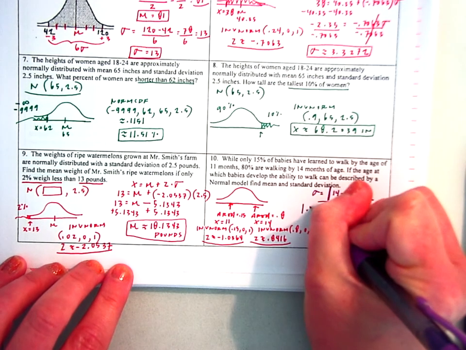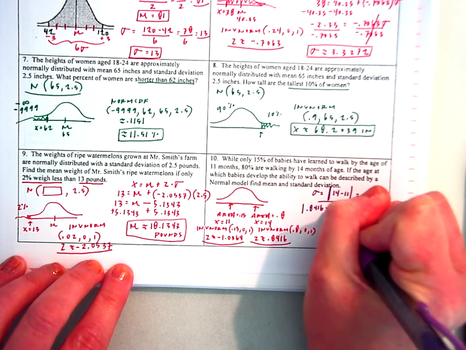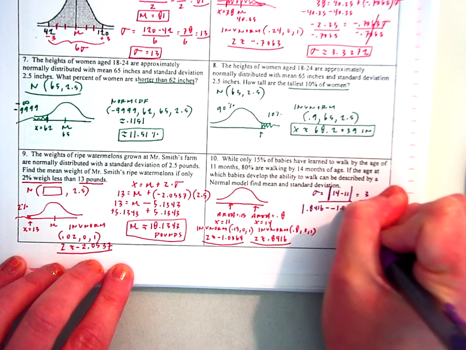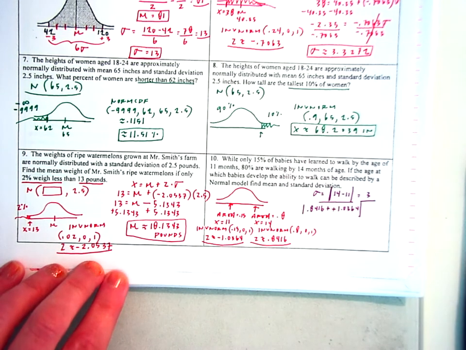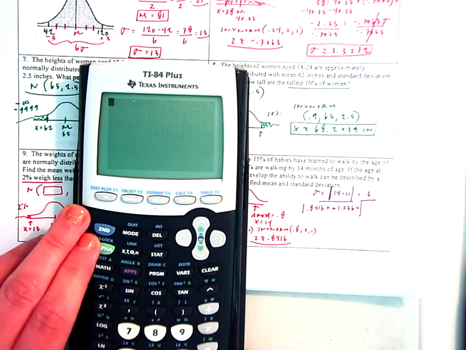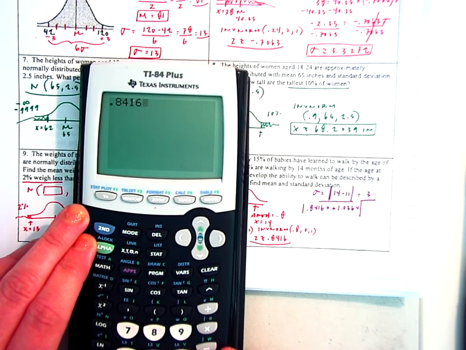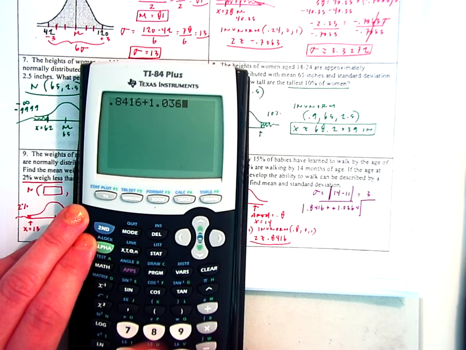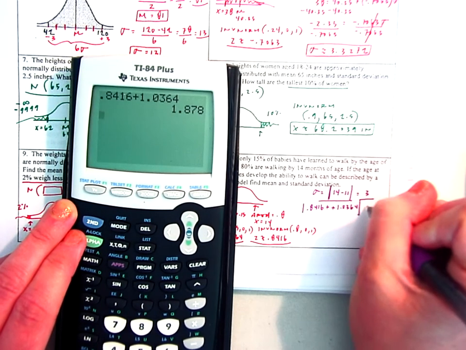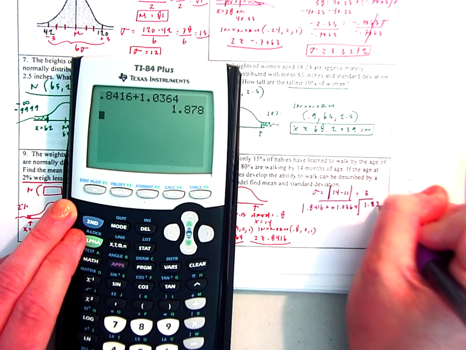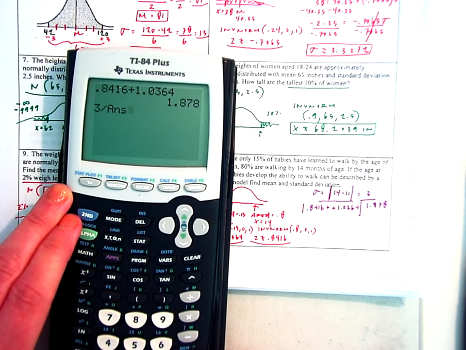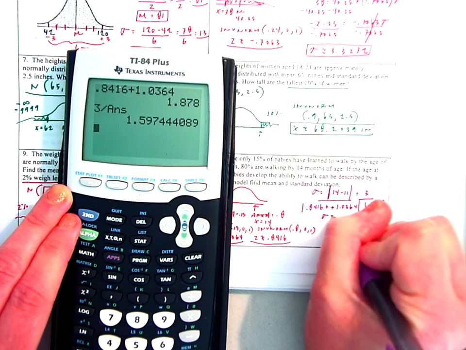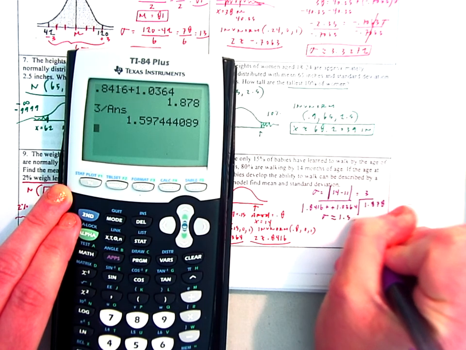So I'm going to take 0.8416, take away a negative 1.0364, which I know turns into a plus right there. So if I take 0.8416, add 1.0364, they are 1.878 standard deviations apart. So 3 divided by 1.878 will get me a standard deviation of about 1.5974.